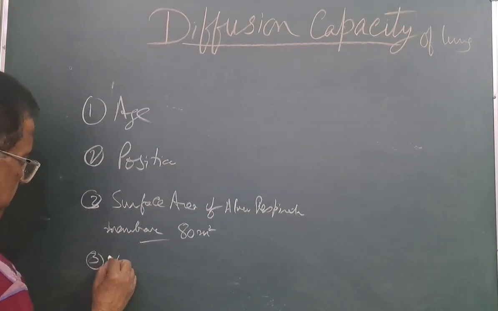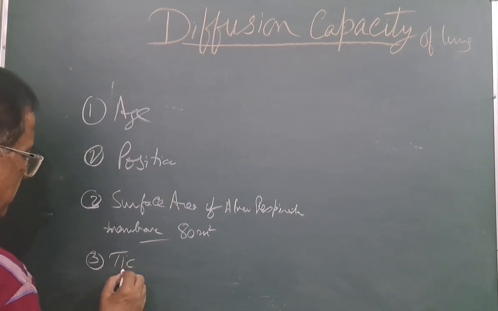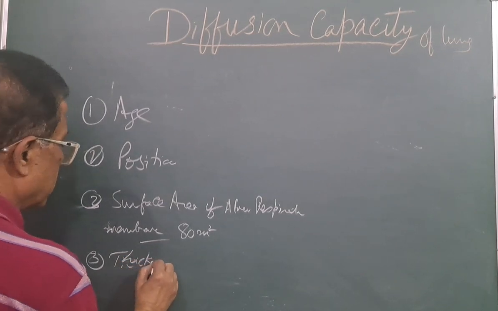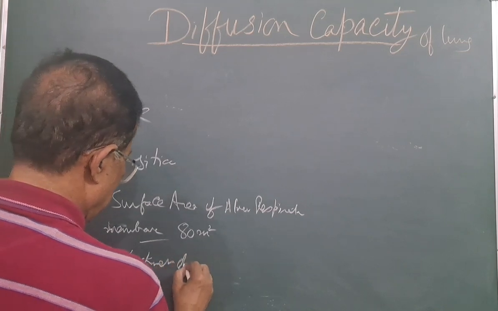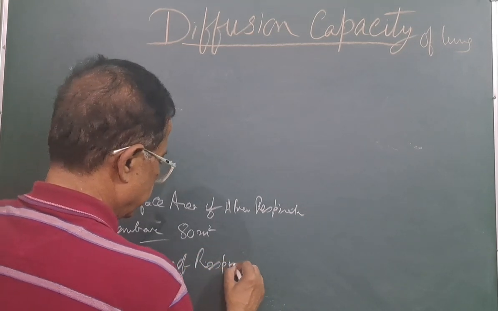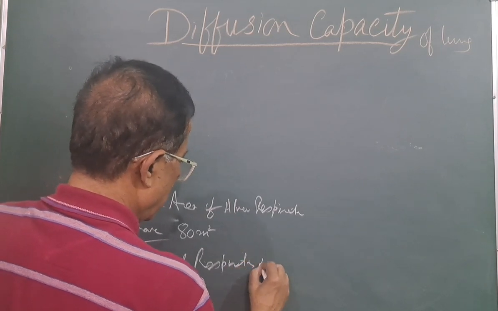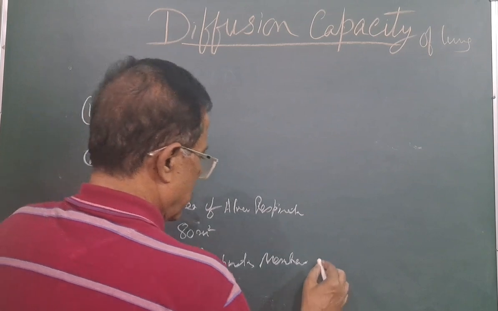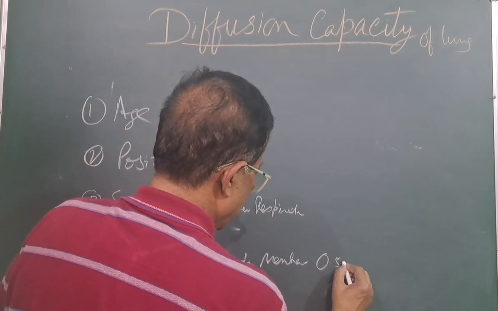Then thickness of respiratory membrane. Normal is 0.5 micron.